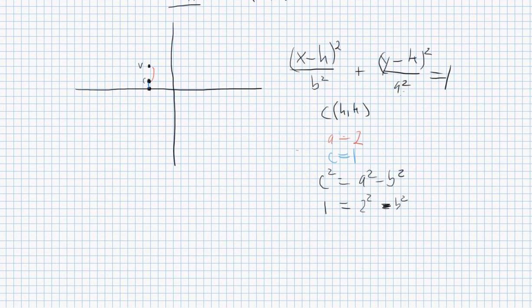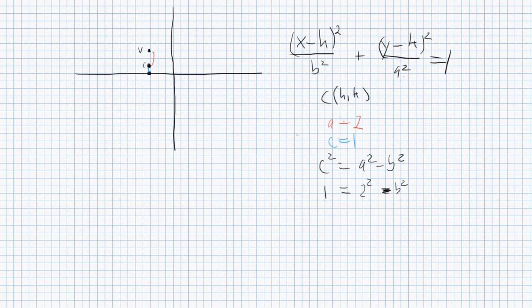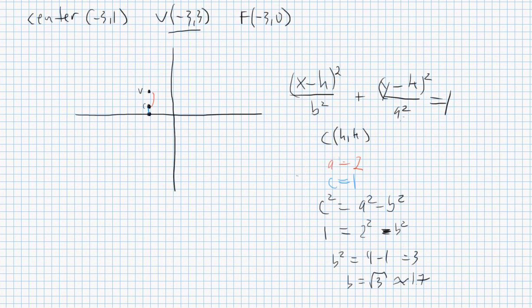Okay, that means that b squared is equal to 4 minus 1, which is equal to 3. So b is equal to radical 3, which for graphing purposes is about 1.7. Now we're going to use that information in our equation.